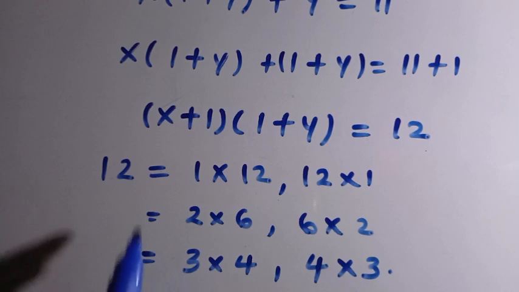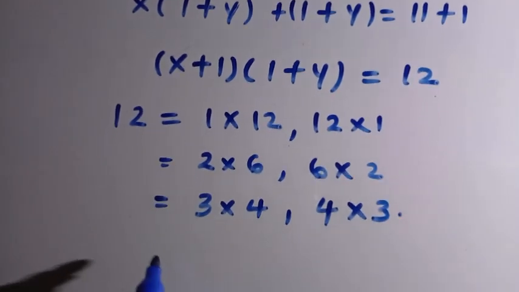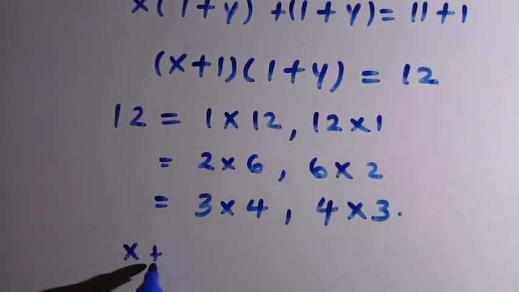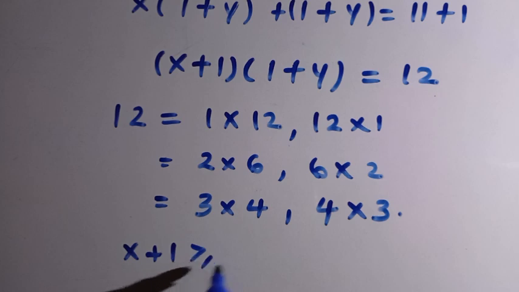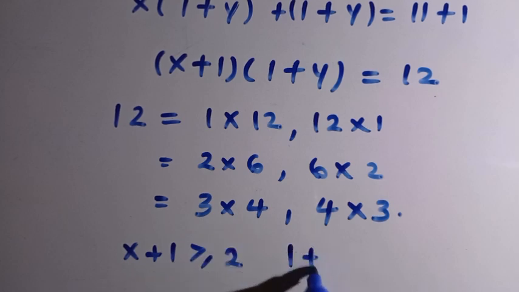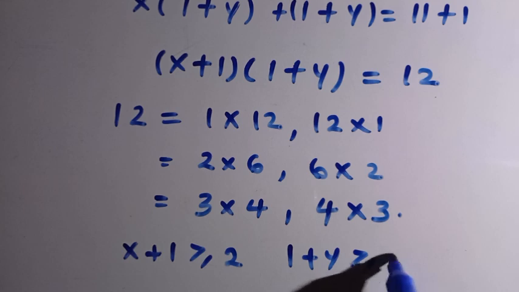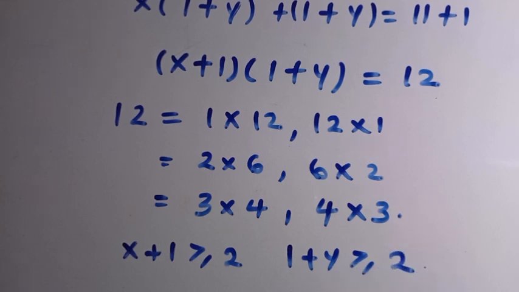We have to note something here: for every x + 1, this is greater than or equal to 2. And for every 1 + y also, this is greater than or equal to 2.